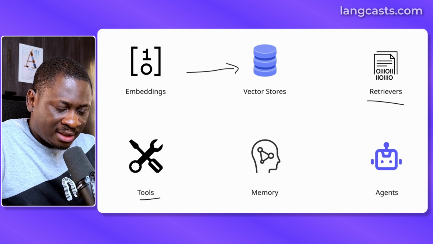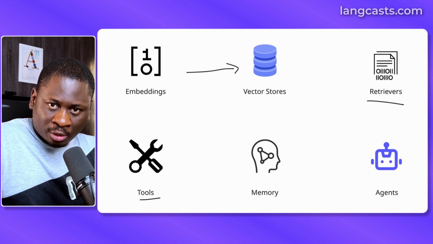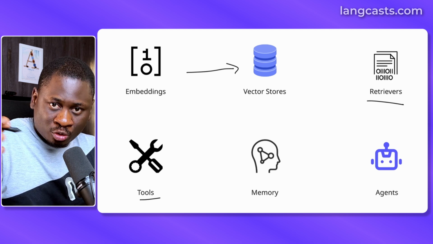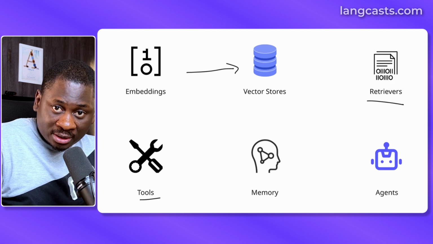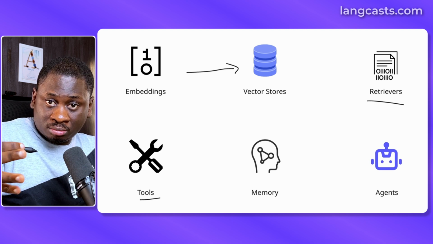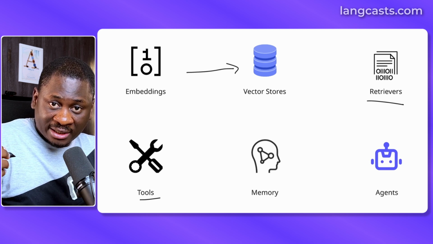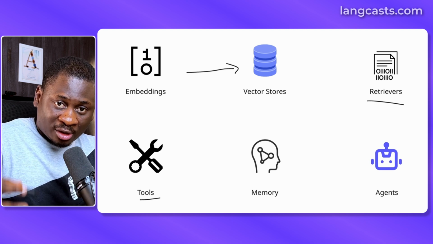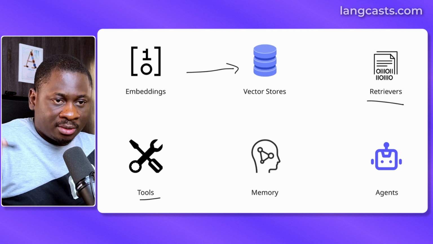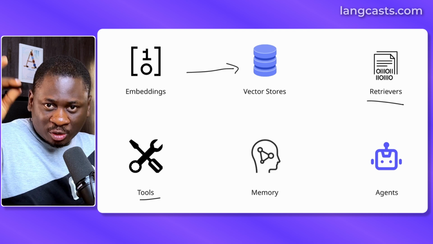LangChain provides capabilities for you to turn your simple functions and classes into tools that can be invoked based on the information they get from the large language model and its recommendation that they be called. Those tools can be invoked and they are going to perform their function.